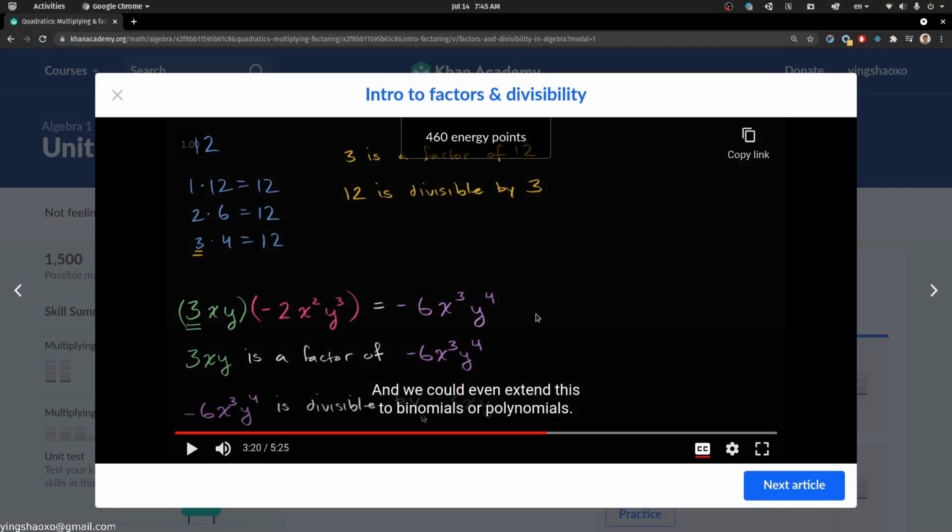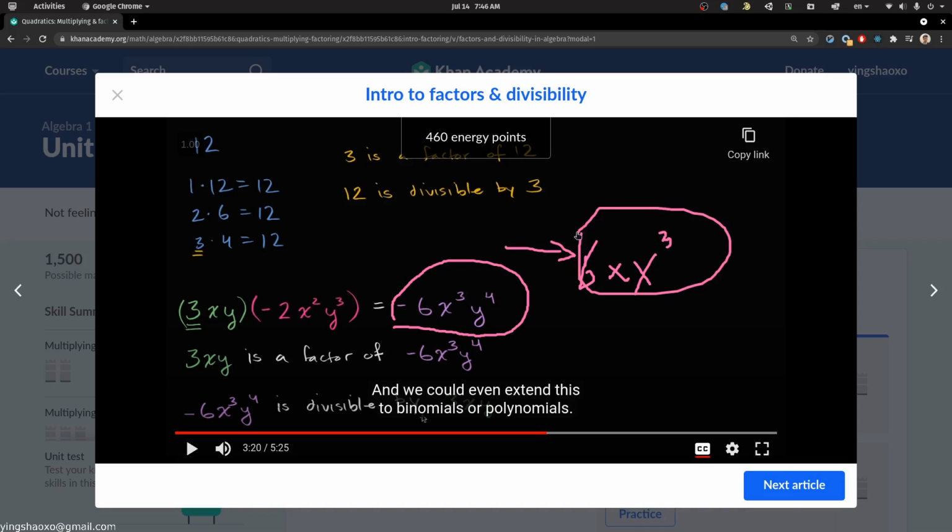How can you determine if an item is a factor of a polynomial? Well, if this expression can be divided by an item, for example, 6 times x to the third power, then we would say this one is a factor of the older expression.